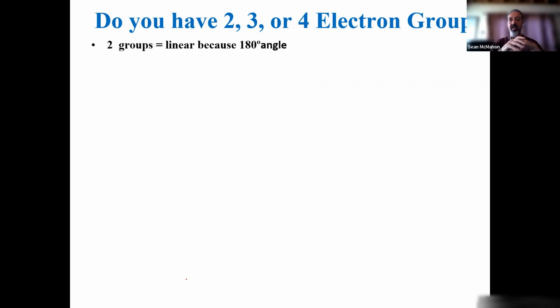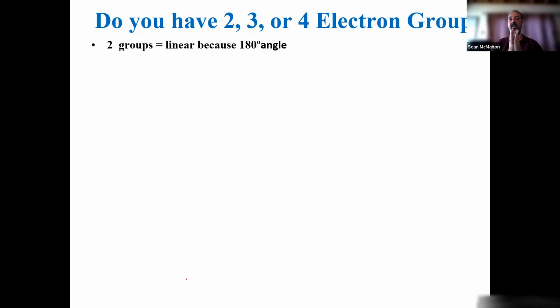And when you have central atoms that are in the 3rd energy level or beyond, they can actually expand the octet and have more than 8 electrons around them. This course doesn't focus on that. So our focus is at most 4 electron groups, 4 single bonds, or 3 lone pairs and a single bond. That's the most.